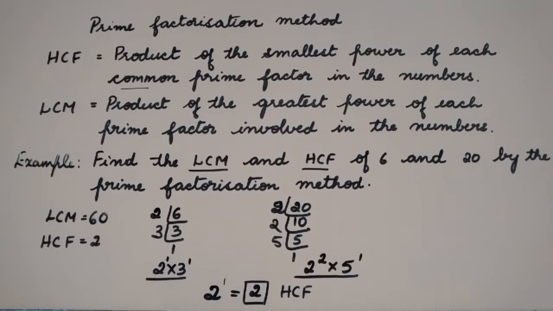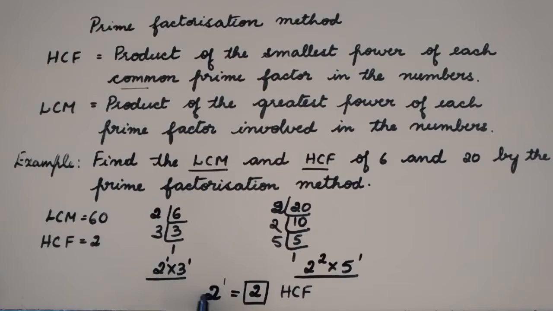Is this clear, students? Here we have only one common factor. So if there was any other common factor, then we have to multiply here. Suppose there was one more 3 here. So we have the common factor 3, isn't it? And maybe its smallest power is 1.